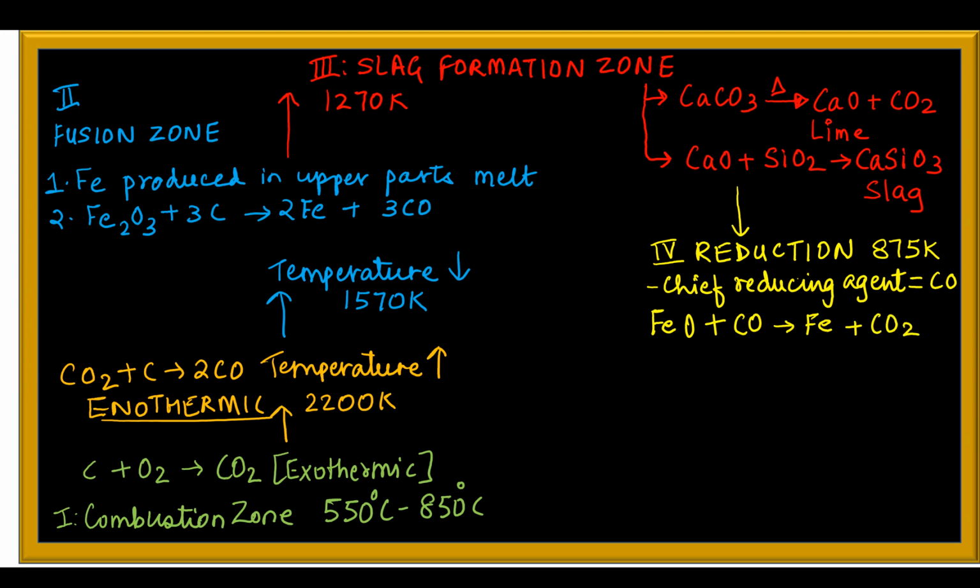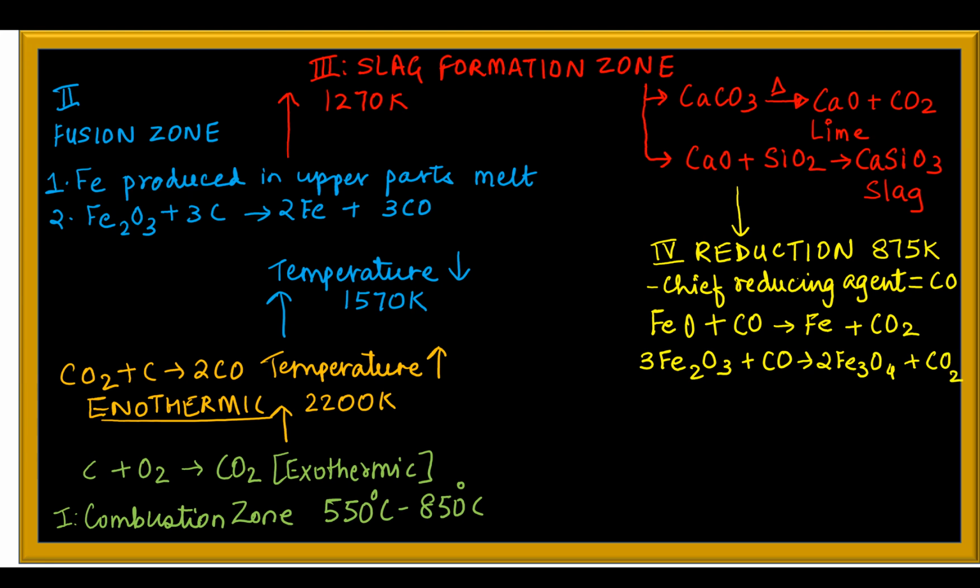Now the next one is 3Fe2O3. 3Fe2O3 is going to then combine with carbon monoxide, like I told you, the chief reducing agent, and what you're going to get is 2Fe3O4 plus CO2.